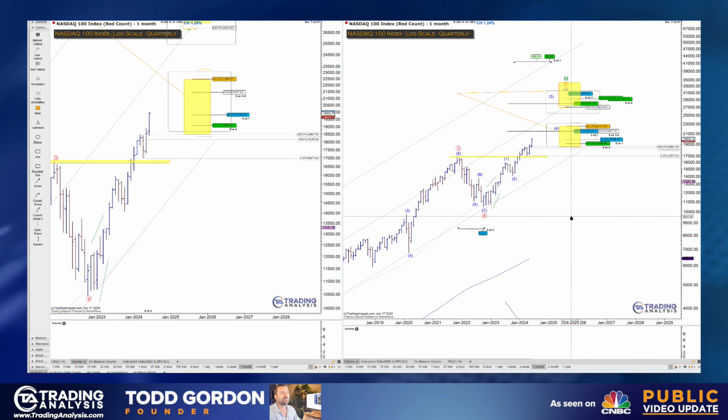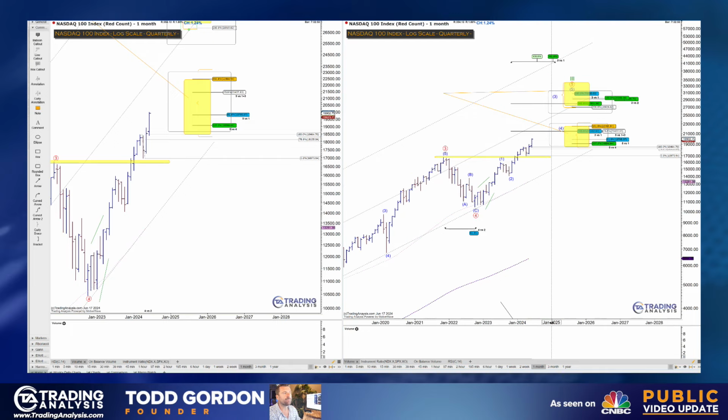It wouldn't be a crash, but it would be a pretty good correction. Probably back to the breakout point.